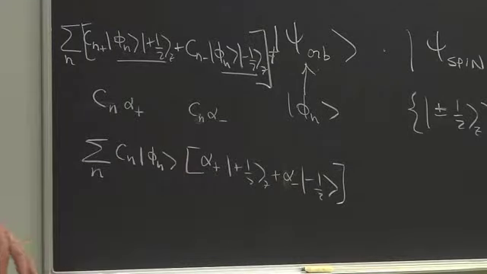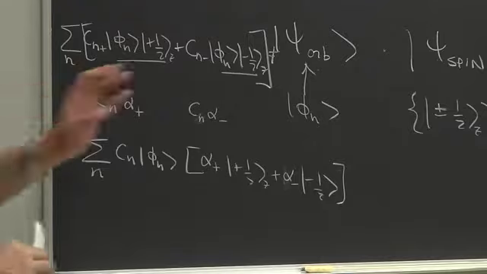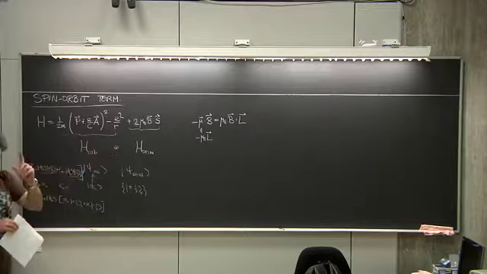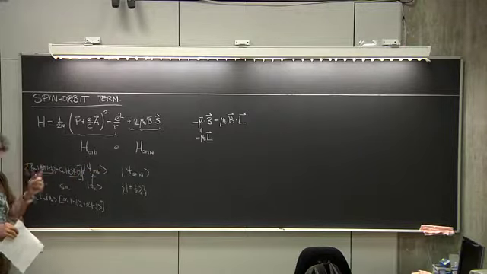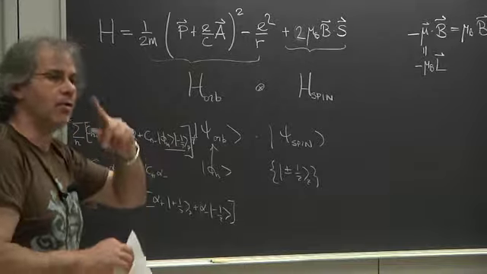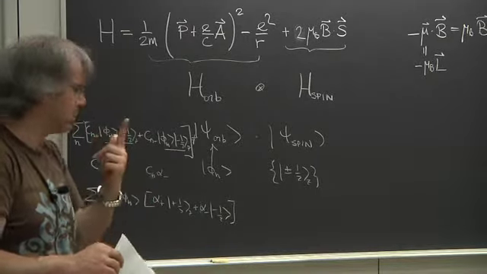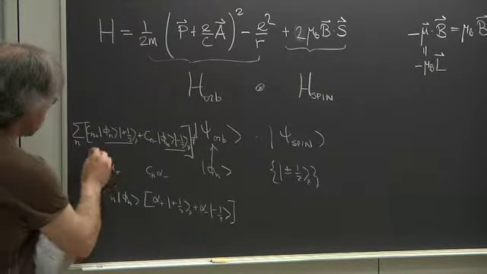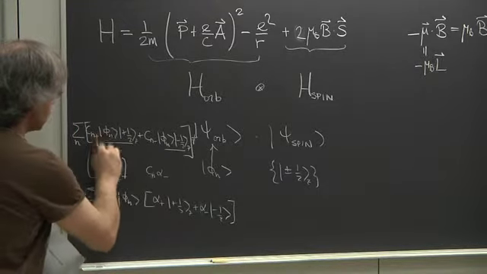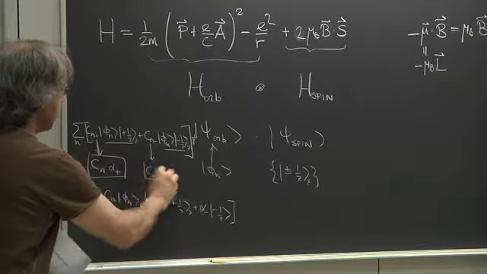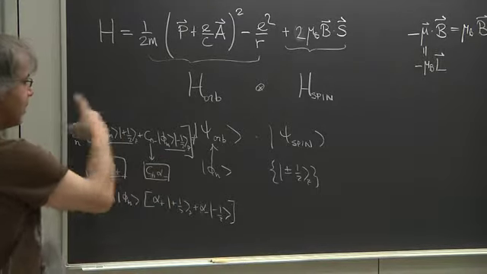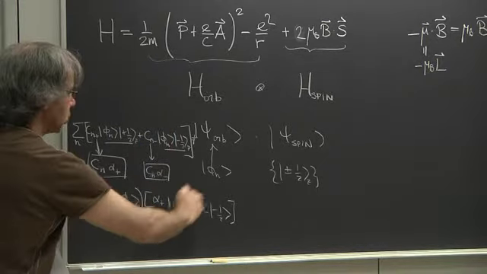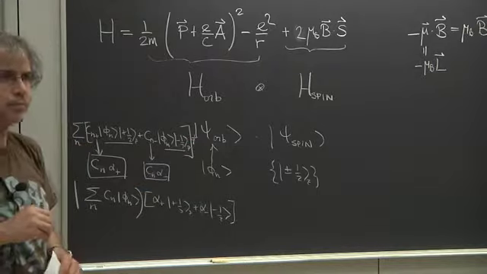Is this clear? I want to make sure you clearly understand that the Hilbert space is made of products of things. However, that doesn't mean that all states you can form are just products. You can form sums of products, which is different. So the most general state is this, and only for specific, factorized choices of the coefficients can you rewrite this as an orbital part times a spin part, like that. All right?